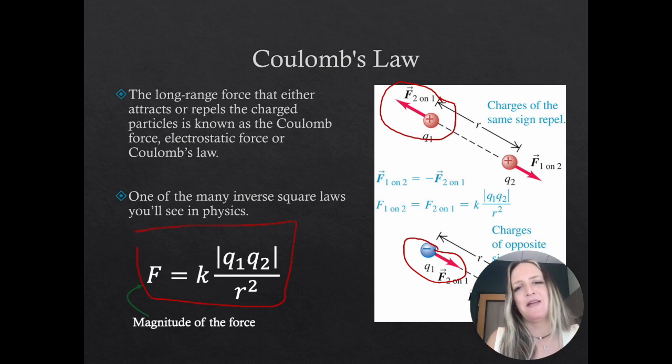So anyway, the direction is not assigned to an XY coordinate system unless we were to put those charges on a coordinate system. The direction, as we know it, is either directly toward or directly away from the other charge. And so how do you determine what's directly toward and directly away?